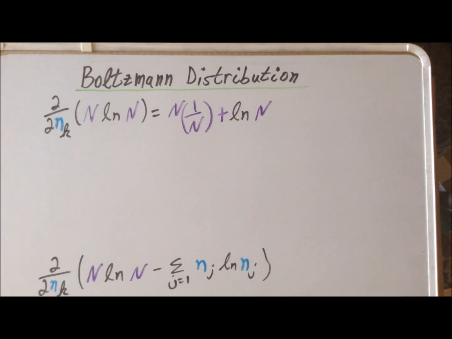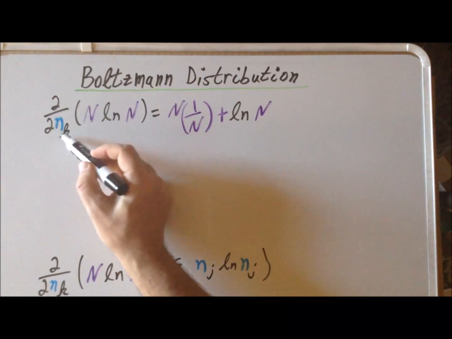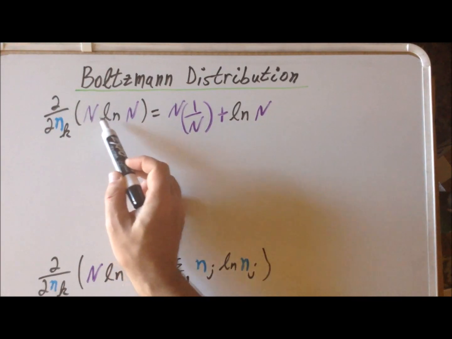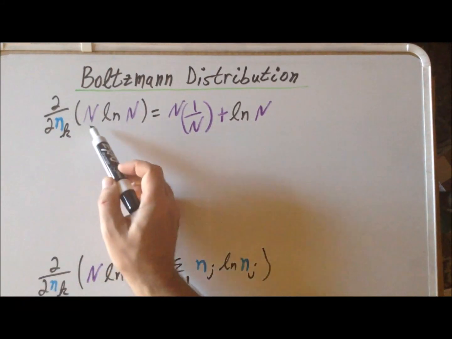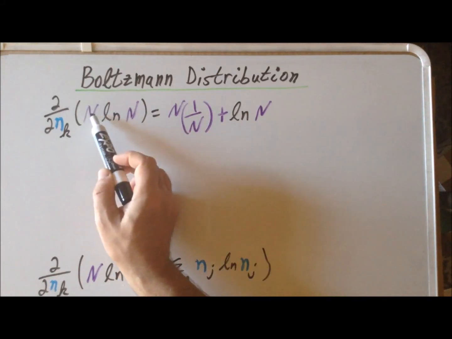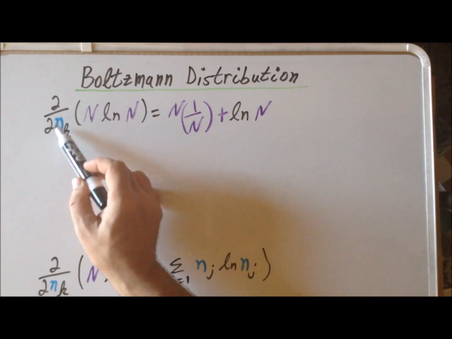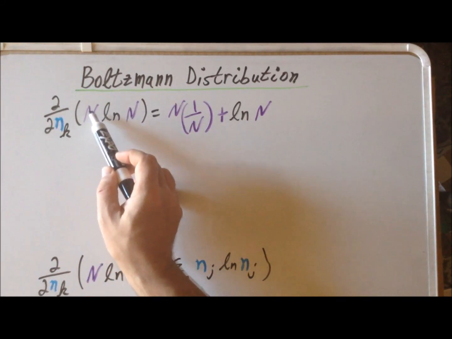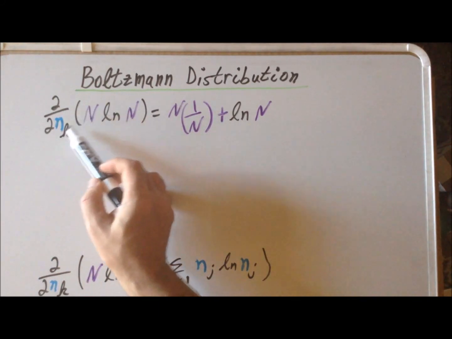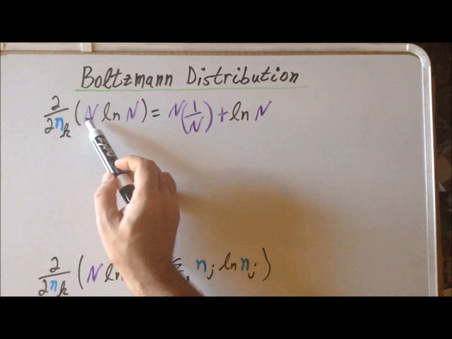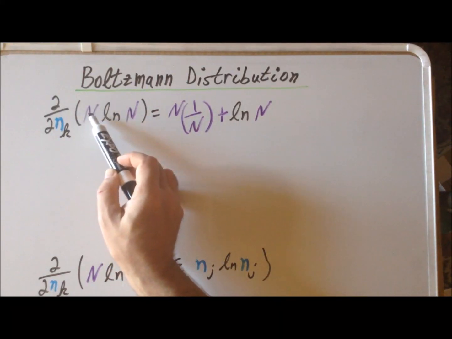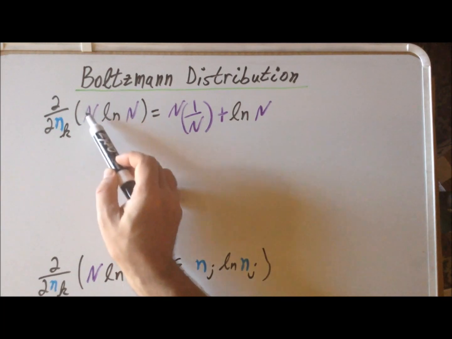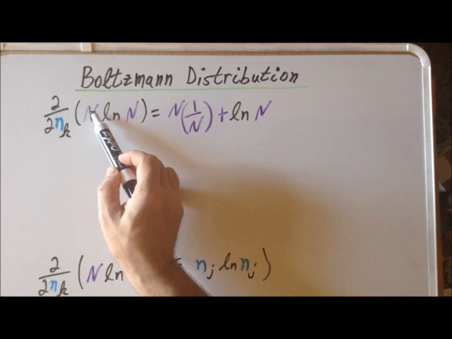And now the derivative of big N with respect to the little n's: remember that big N is n1 plus n2 plus n3, and so on. So the derivative of big N is going to be 0 with respect to every single one of the n sub k's, except where, for example, with respect to n sub 1, the plus n sub 2, n sub 3, n sub 4 part will all be 0, but this also includes n sub 1.